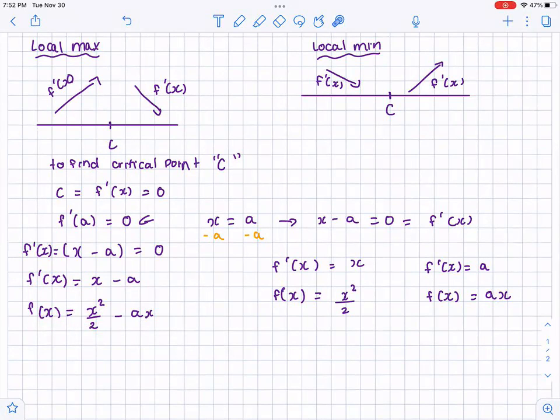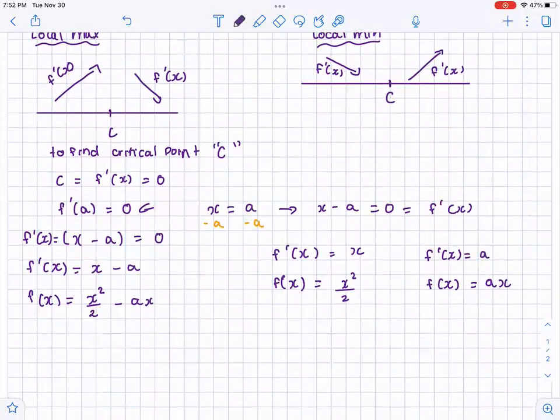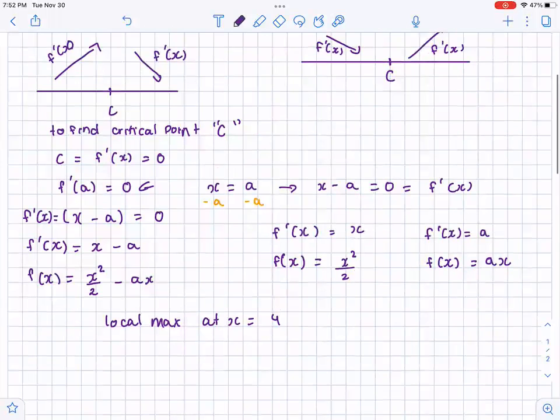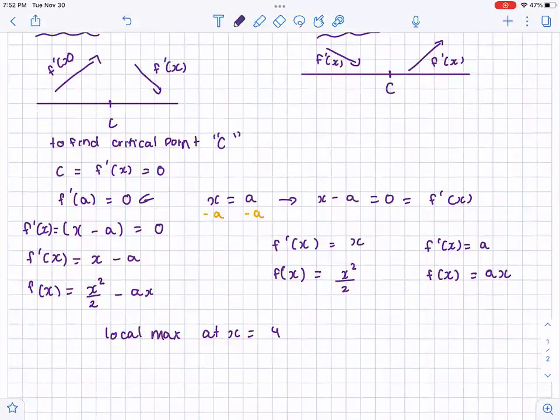So you could think about it that way, or you could think about it like this: let's say the problem says you have a local max at x equal to 4. Since we know the local max at a point means that the critical point is x equal to 4, that means f prime of 4 is going to be equal to 0, because the critical point is when f prime is equal to 0.